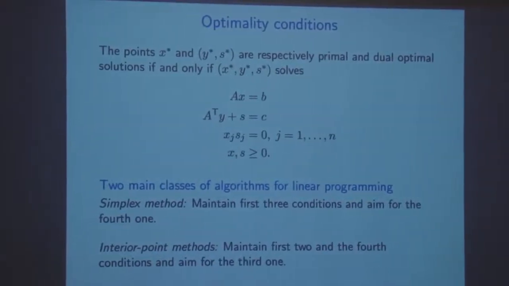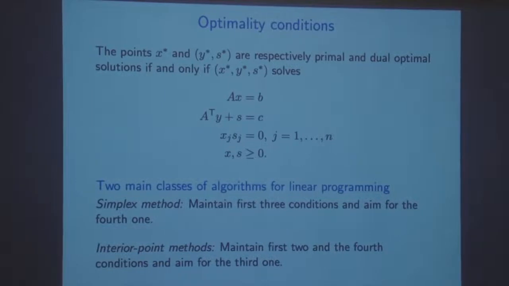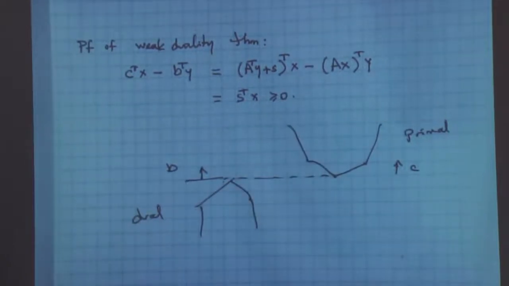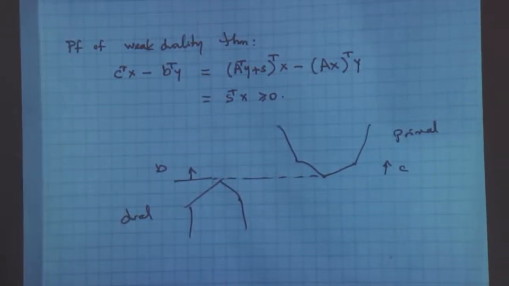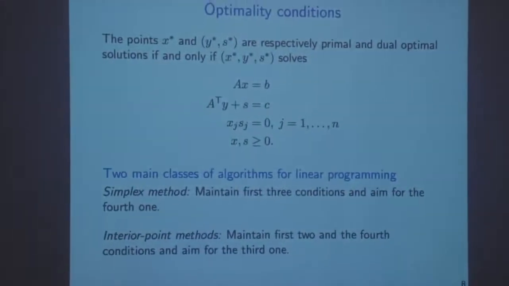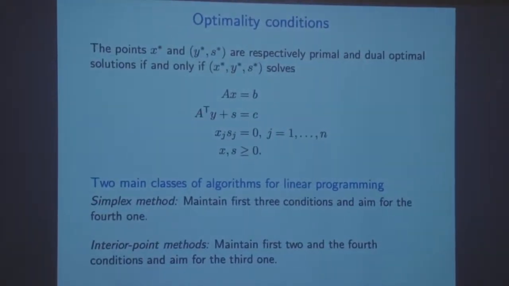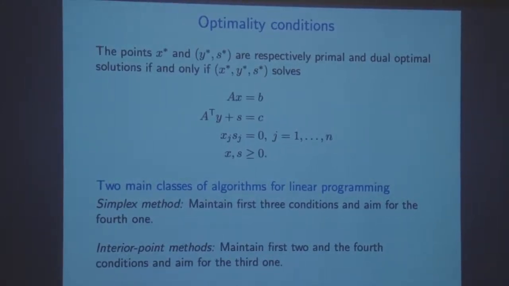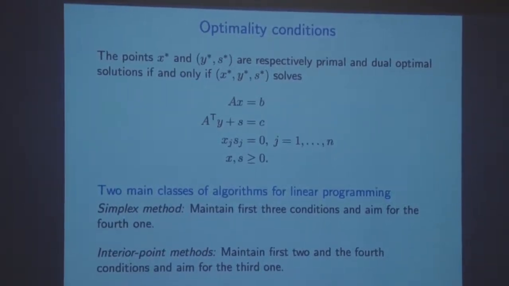Okay? Now, for the objectives to coincide, this should be equal to 0, right? But both S and X are non-negative, so if the product is equal to 0, that means all of the components are equal to 0. So that's the optimality conditions for both the primal and dual problems. So X star and Y star, S star are respectively primal and dual optimal solutions if all of those conditions hold.